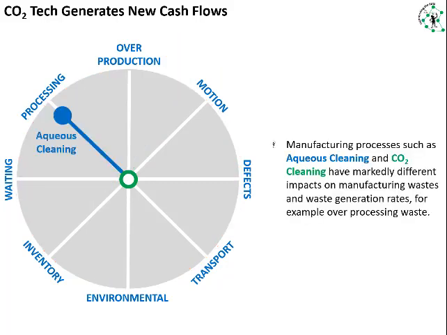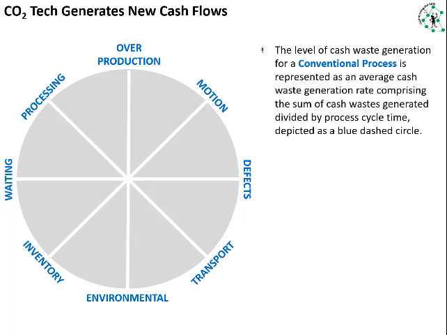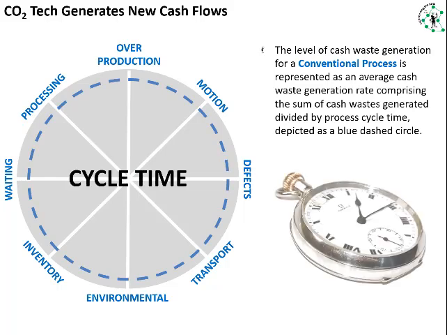Manufacturing processes such as aqueous cleaning and CO2 cleaning have markedly different impacts on manufacturing wastes and waste generation rates, for example, over-processing waste. This difference represents the cash recovery potential. The level of cash waste generation for a conventional process is represented as an average cash waste generation rate.